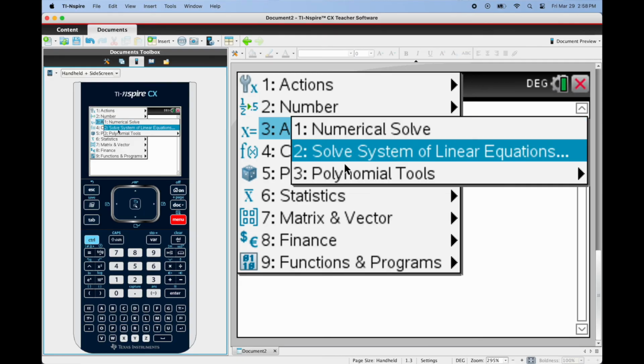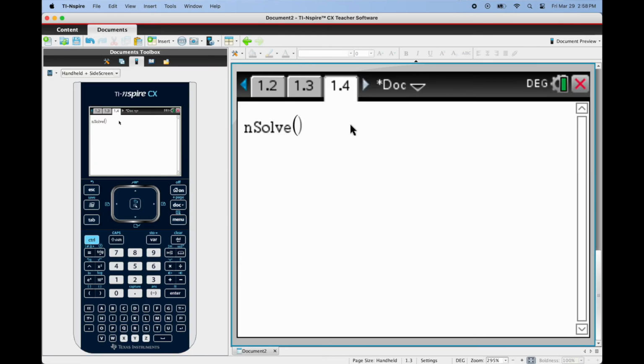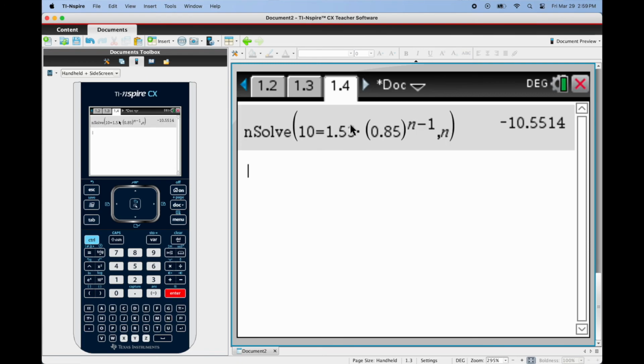algebra. Solve 10 equals 1.53 times 0.85. Then we want to raise this to the power of n minus 1, and then we'll put a value of n. Okay. And for some reason, this says, I see.